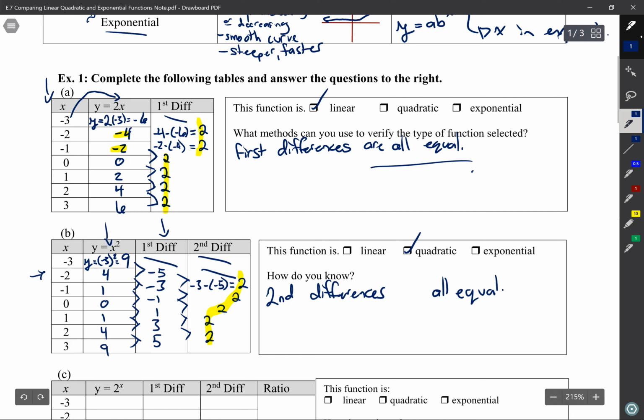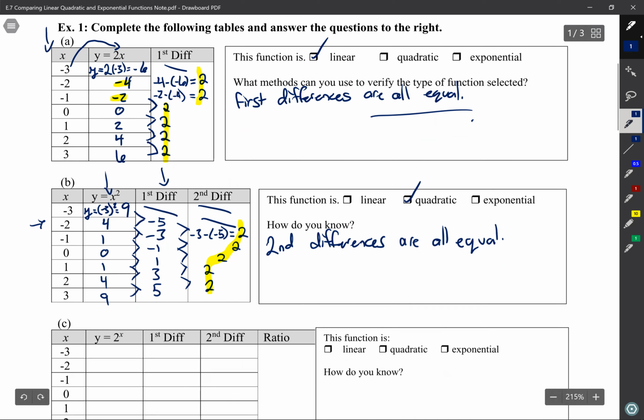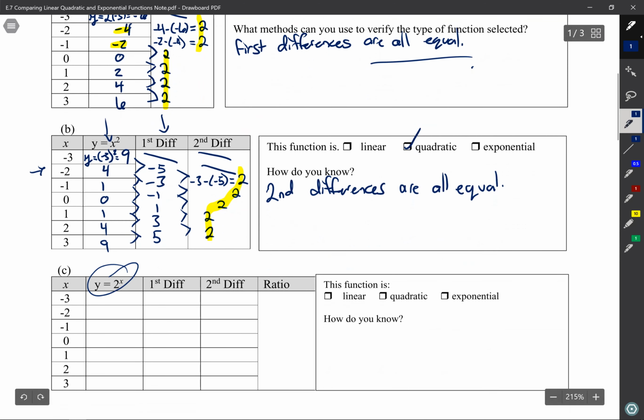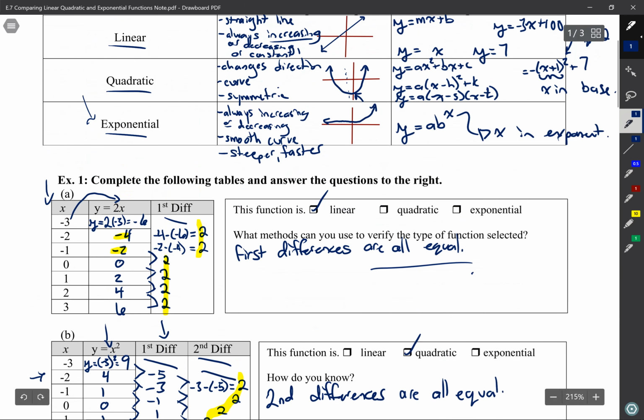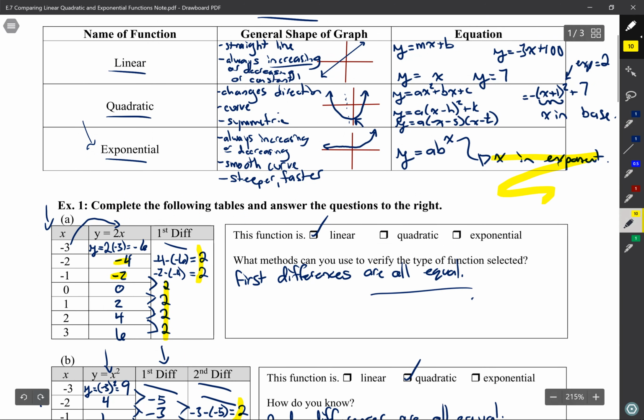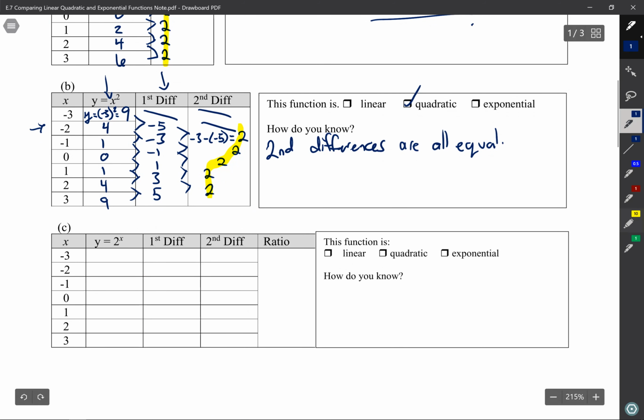And finally, let's take a look next at an exponential function. I can see right away from my equation my x is in my exponent. Like I saw up above, that means that I'm dealing with an exponential. So again, I will substitute -3 in for my x, so y equals 2 to the power of -3. And if I'm using a calculator there, it's always a great idea to use your calculator when you're working like this.